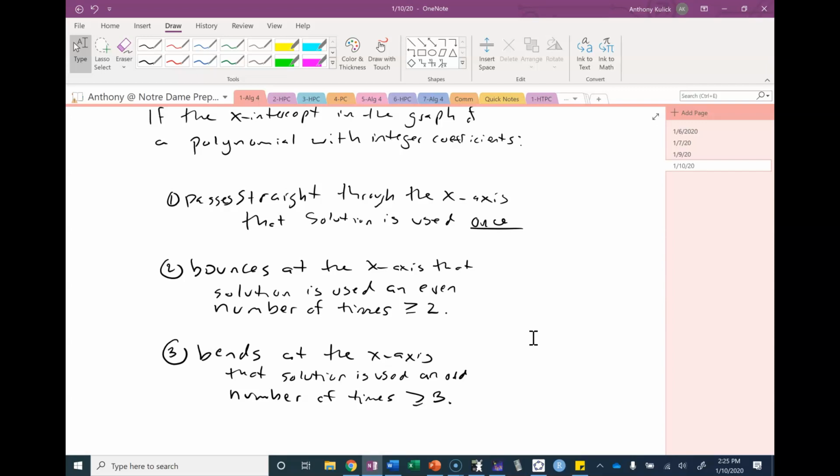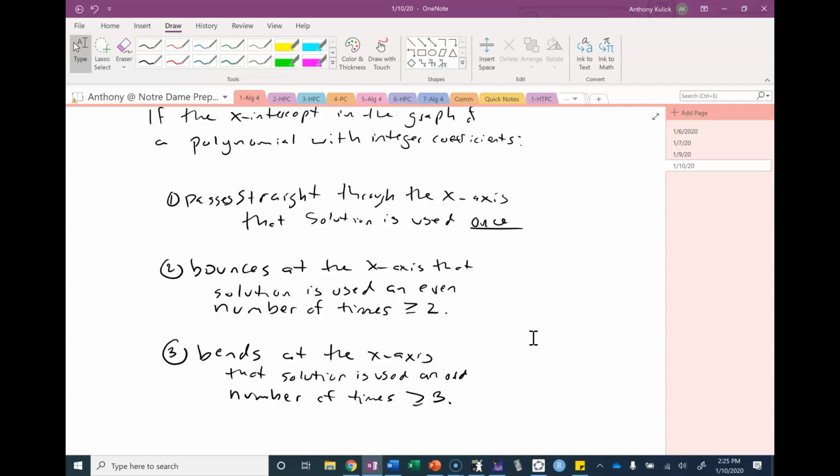And there's an upper bound. What's the upper limit to the number of times it could be used? Not infinite. It's capped by the corollary to the fundamental theorem of algebra, because we know how many solutions the polynomial can have. So we couldn't have a multiple solution that's used more than the number of total solutions, right? If I have 5 solutions that I'm looking for, it could be used 2 times or 4 times, but it can't be used 6 times because there's only 5 solutions possible.